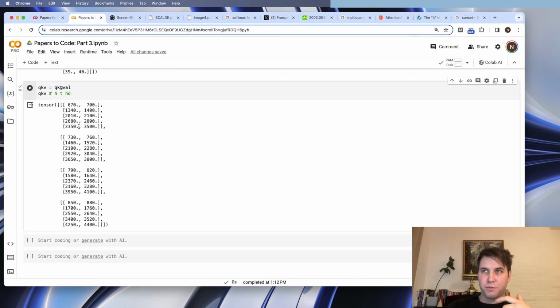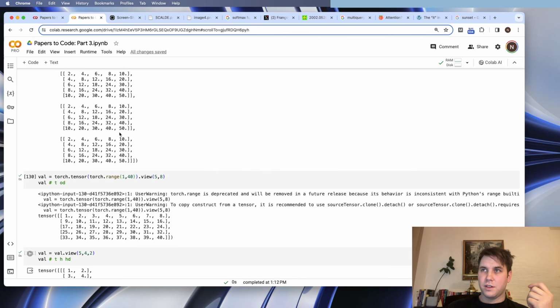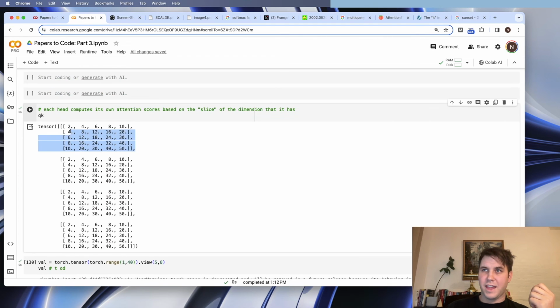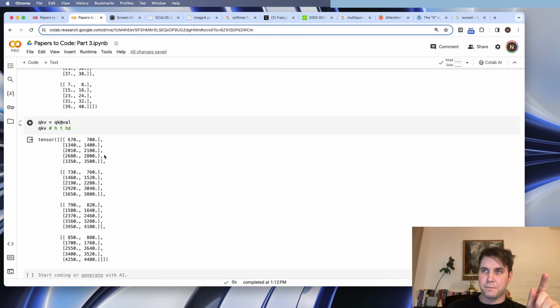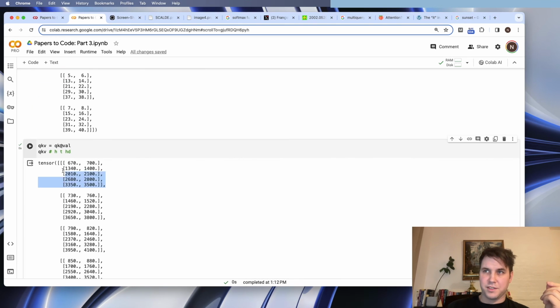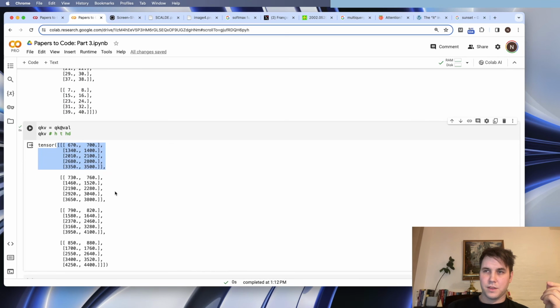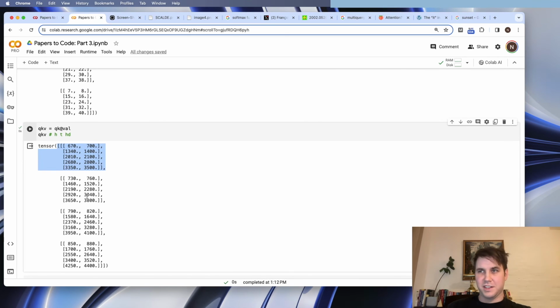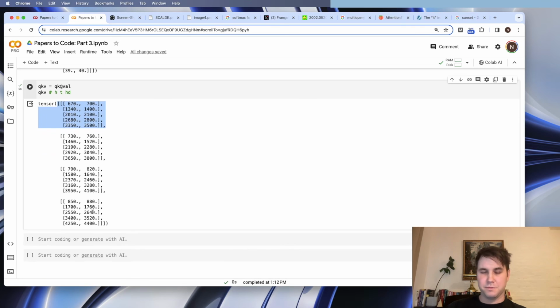And each of these has performed its own version of attention. So this first head had this query key matrix, and this matrix was multiplied by this value tensor. And we end up with this. And so the different value tensors just allow us to see that each of these heads has done something different.